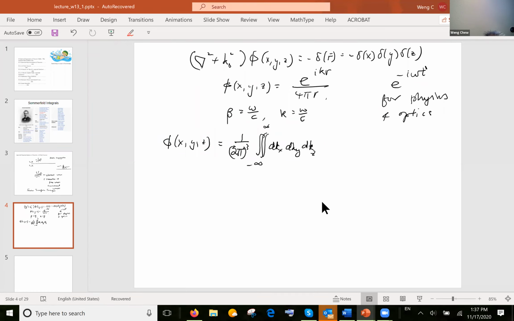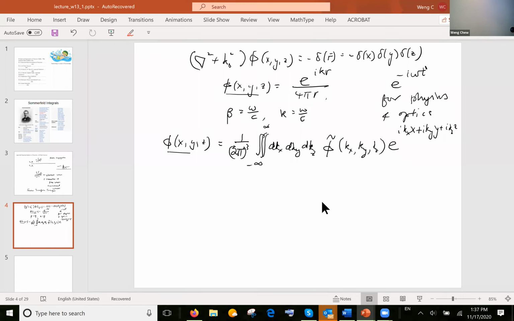Then we're going to have the Fourier transform of this function, which I will call phi tilde, in terms of the Fourier transform variables. And then write the transform integral. Let me write this as plus i ky y plus i kz z.